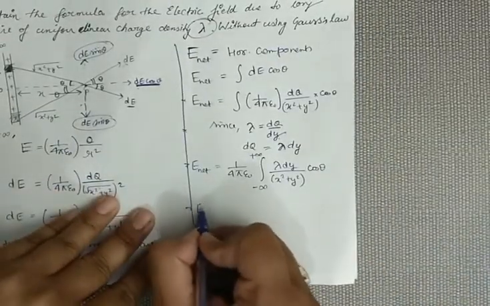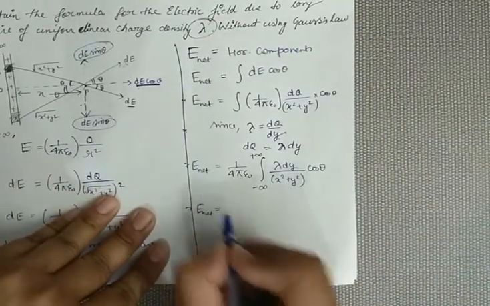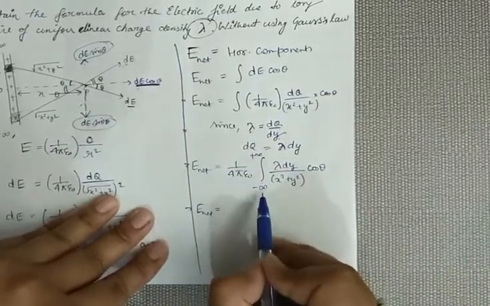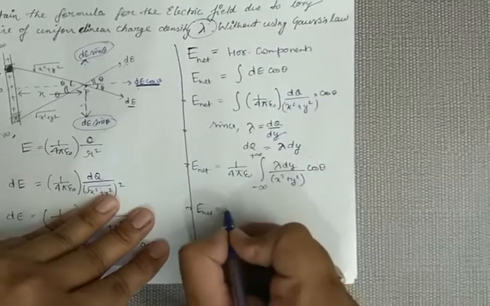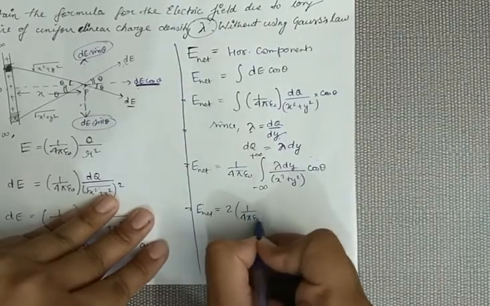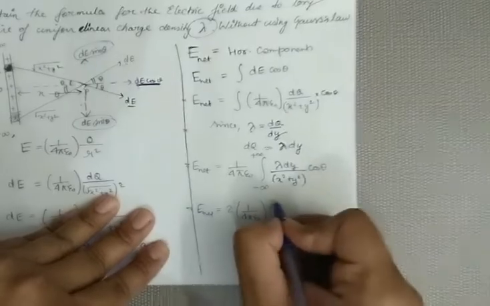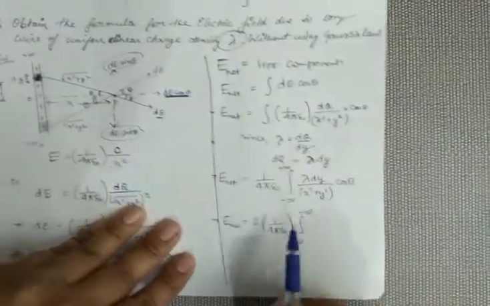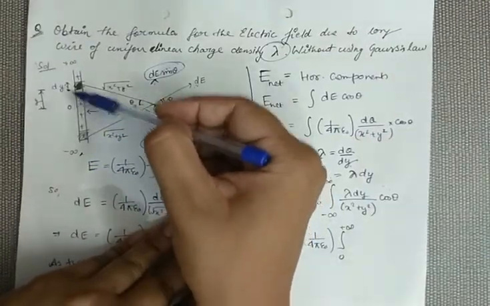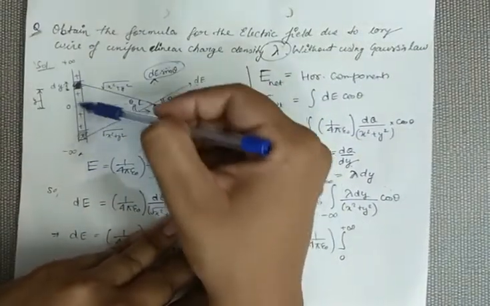One more important thing, if I multiply this factor by 2, I can change the limit. This is from minus infinity to infinity. If I multiply it by 2, the limit will change from 0 to plus infinity. It means I just divided the wire in two parts, minus infinity to 0 and 0 to infinity, so I multiply by 2.